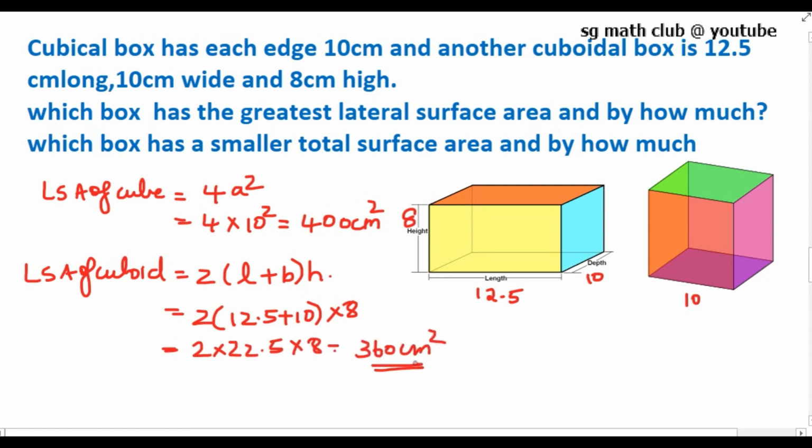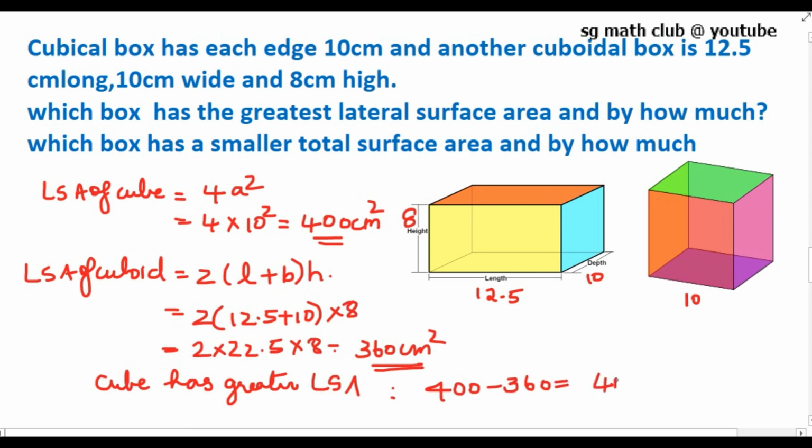So here we can see that the cube has greater lateral surface area than the cuboid, and by how much they have asked, so we subtract 400 minus 360, which is equal to 40 centimeter square.